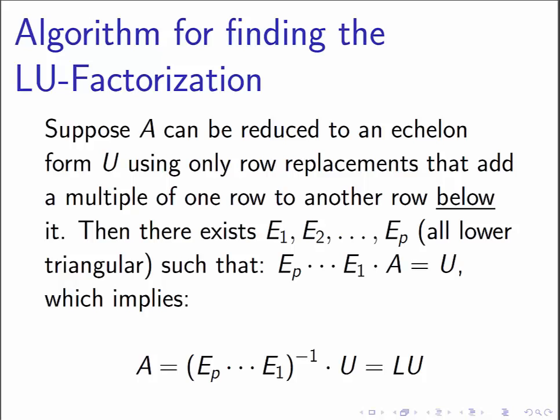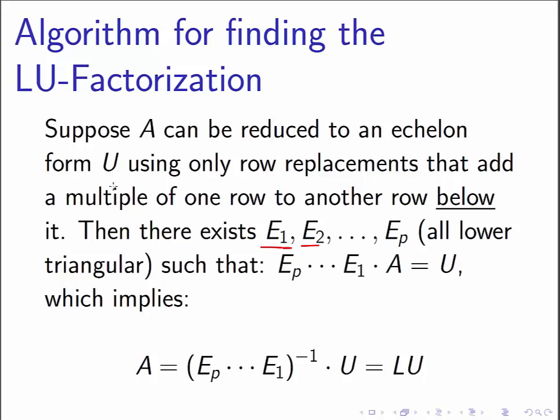All right, so then there exist these elementary matrices, and recall that an elementary matrix is just a row operation that has been done on the identity matrix. So there's a series of elementary row operations that will reduce A to its echelon form.